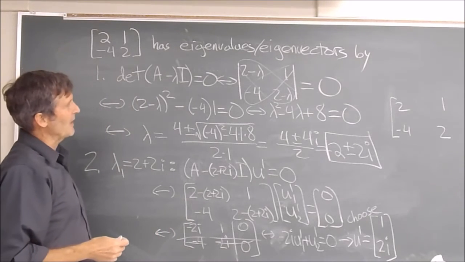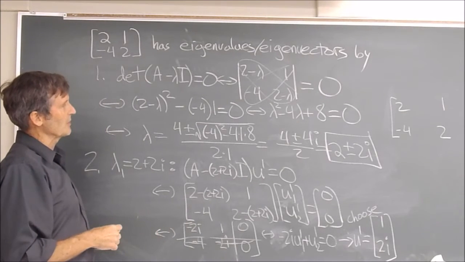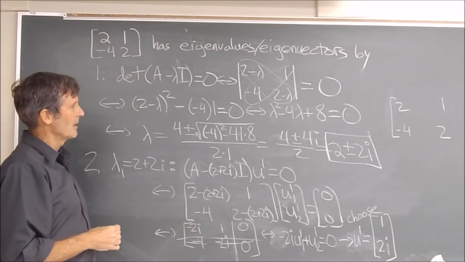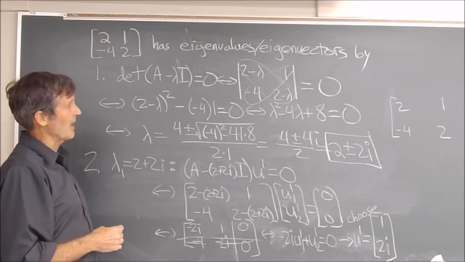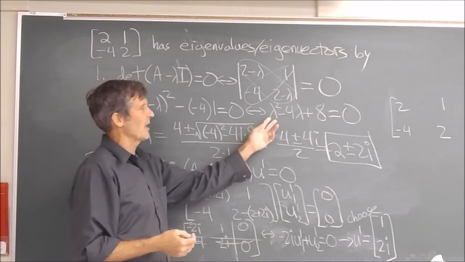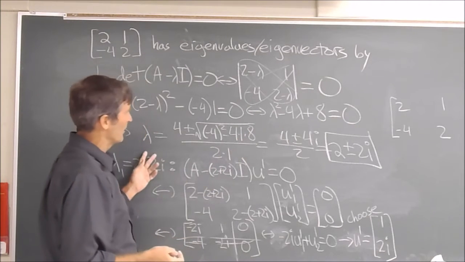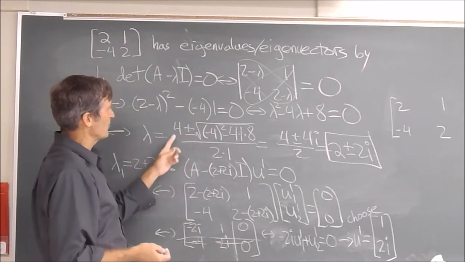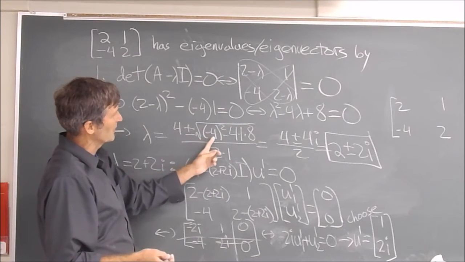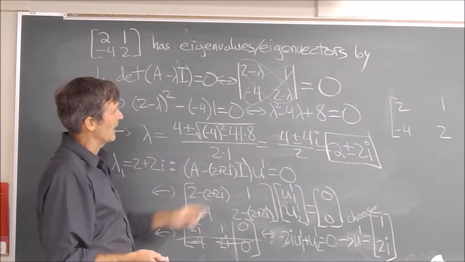Now we can try and factor that all day by guessing what goes in the blanks, but it's probably going to be difficult for us. When you get complex conjugates, you usually go to the quadratic formula. Lambda out of this equation must be minus b plus or minus the square root of b squared minus 4ac, all over 2a.